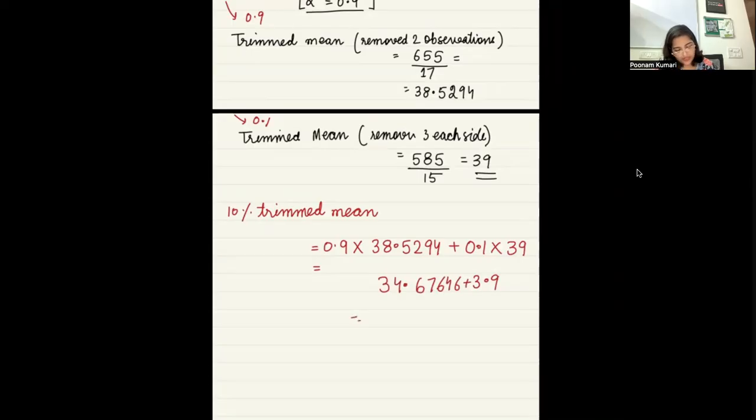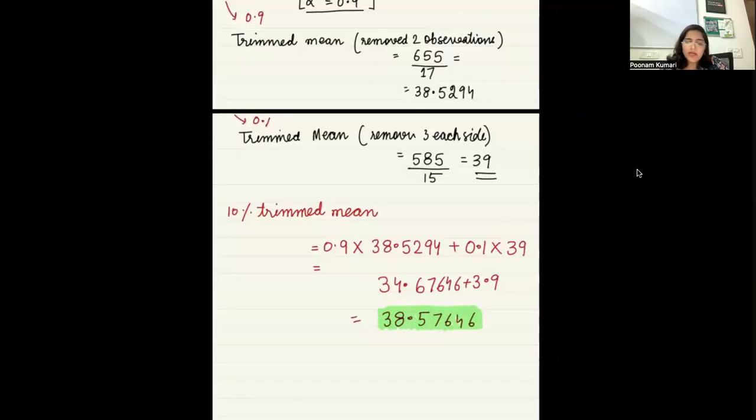So you should be getting 38.57646. Are you getting the same? This is your 10% trimmed mean. Okay. Can we calculate trimmed mean like now?